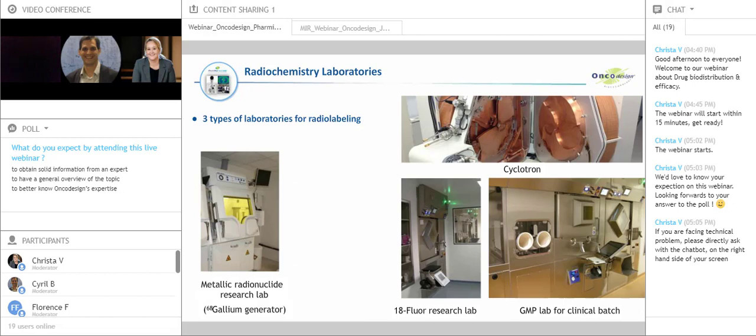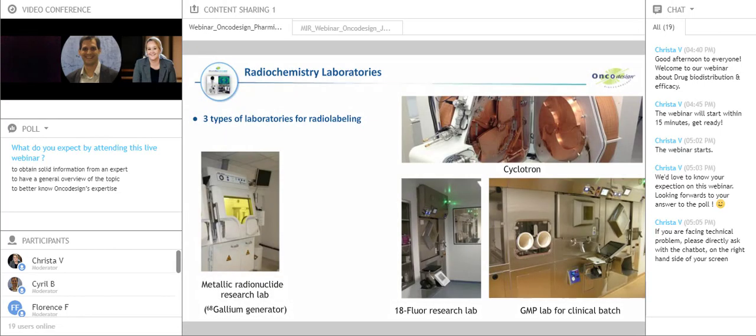When you work with radioisotopes, you need specific environments. Here we have access to 3 types of laboratories for radiolabeling. One is for bioconjugation, and most metallic radionuclides can be delivered to you as they have long half-lives without major issue, except for gallium, which has only 1 hour of half-life, and you need a generator in your lab, which is the case here at Oncodesign.